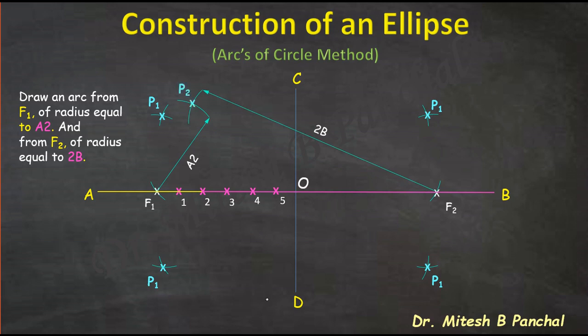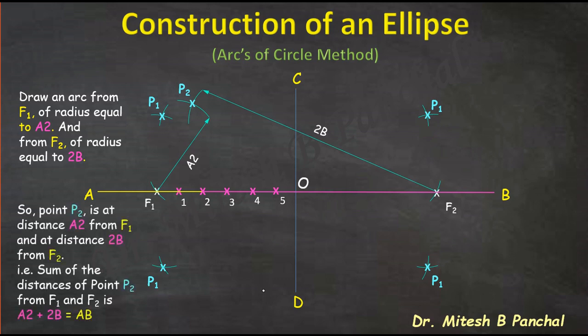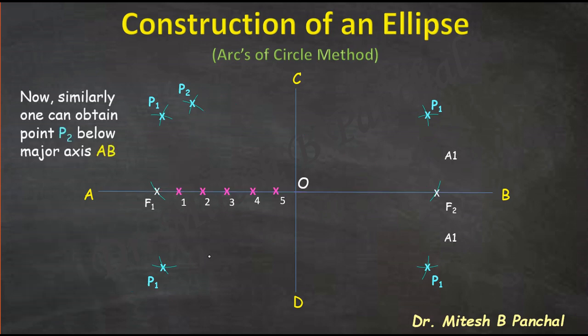So the intersection point, that is P2, is at a distance A2 from F1 and at a distance 2B from F2. It means the sum of the distances from point P2 to F1 and P2 to F2, that is A2 plus 2B, equal to AB. In a similar way we can obtain P2 on the other side of AB, that is below the major axis AB, from F1 at a radius A2 and from F2 at a radius 2B.